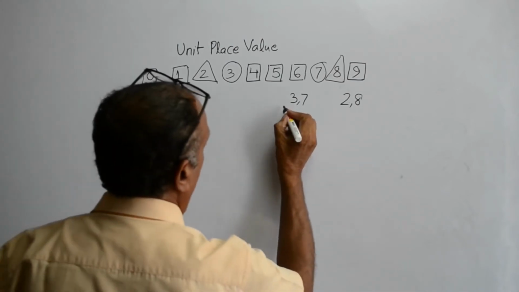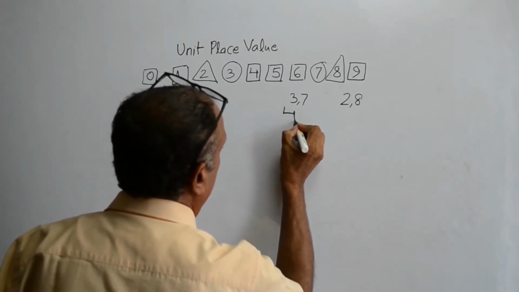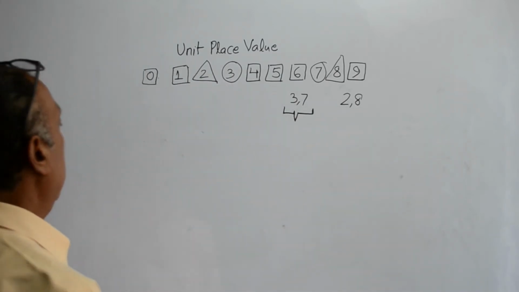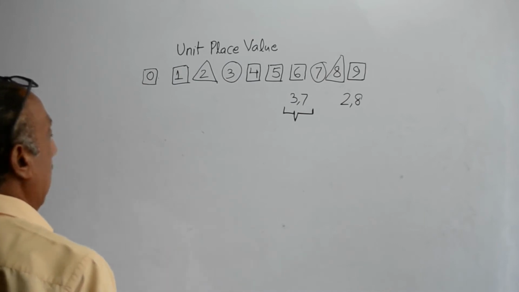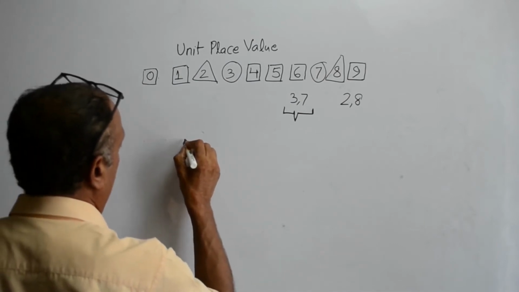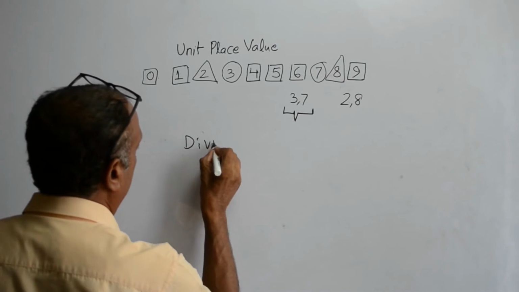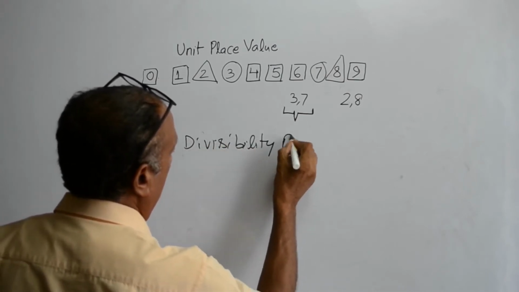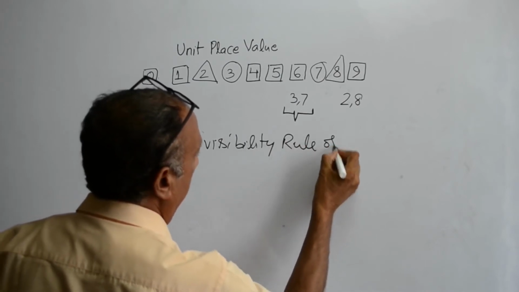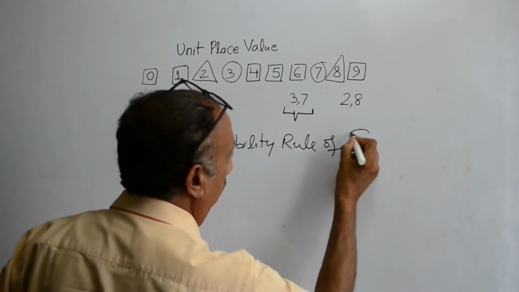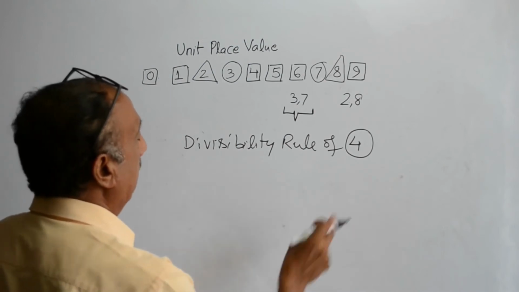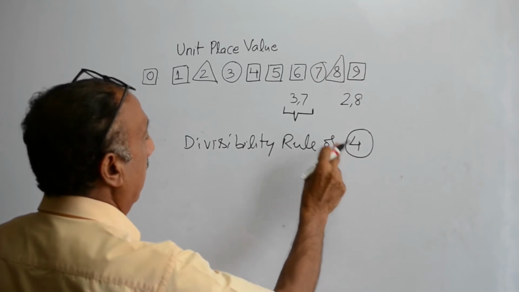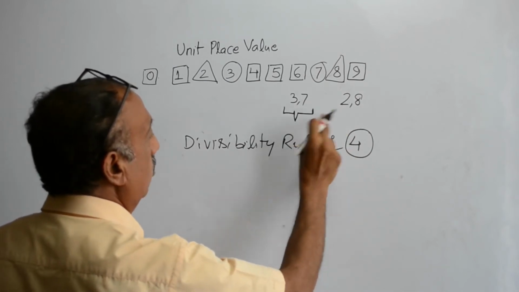Before taking up the digits 3 and 7 and 2 and 8, we need to recall the divisibility rule of the number 4, because we are going to use the divisibility rule of 4 extensively in these two categories.